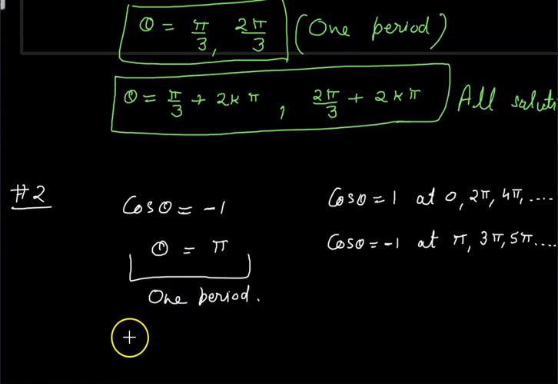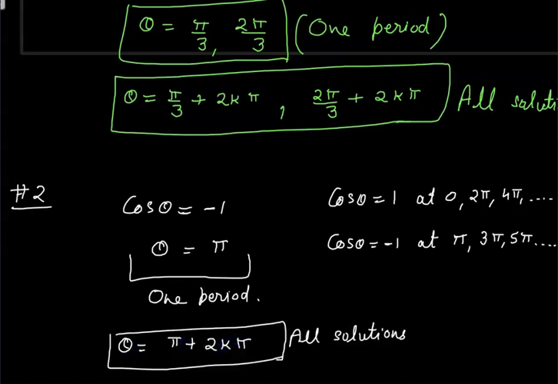To get all the solutions, we just need to add 2k pi. Since there is one solution in one period, all solutions will also have only one component. Earlier for sine, all solutions were having two components, but for cos, it's having only one component.